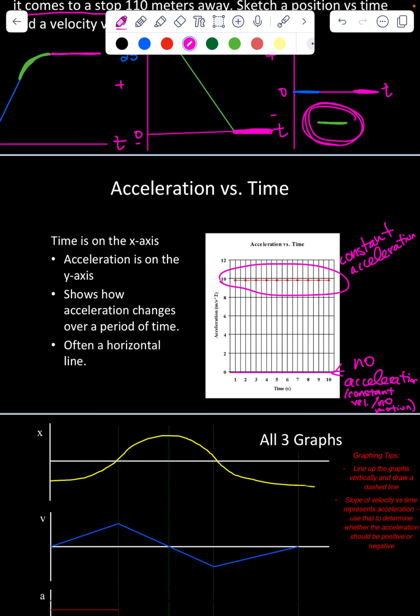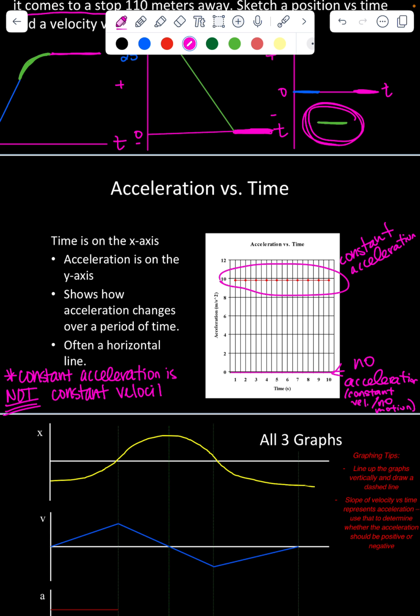Now, one thing that you do need to remember is that constant acceleration is not the same as constant velocity.